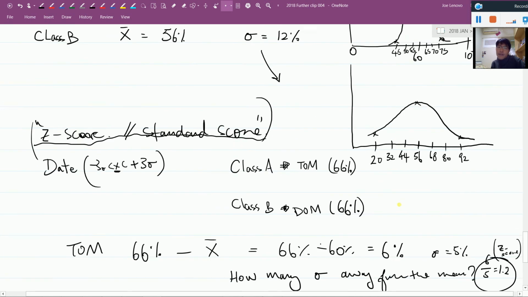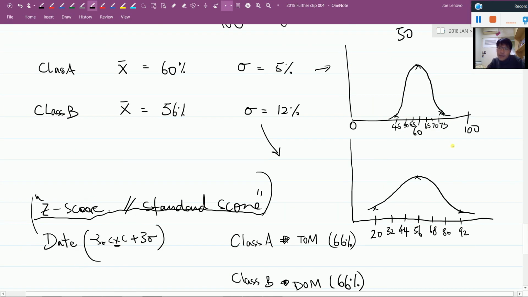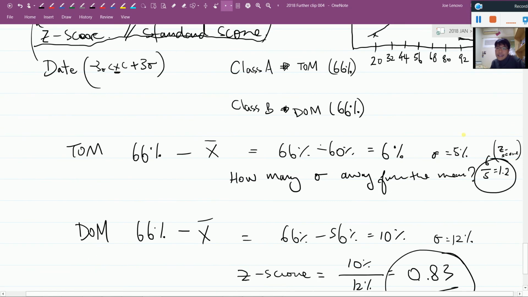So where is Tom for the first graph? Tom is 62 somewhere here, and Dom is somewhere there. In terms of the graph, Tom is more away from the standard deviations, and Dom is closer to the standard deviations, right?